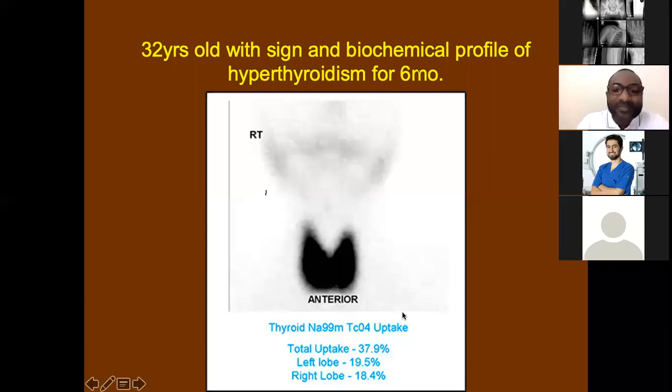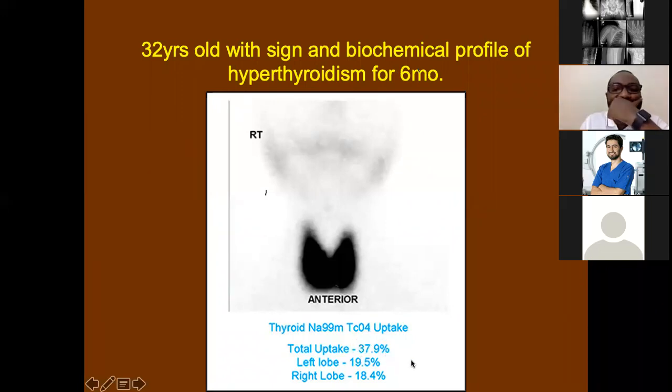Okay, this is a thyroid scan with technetium pertechnetate. It shows an intense diffuse uptake of the thyroid gland, which is also enlarged, with a total uptake of 37% or 38%.